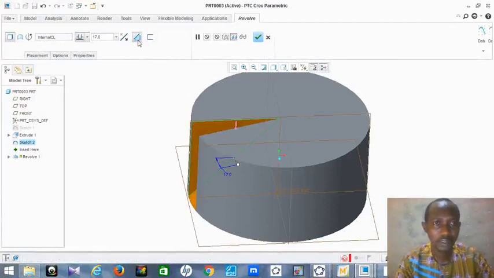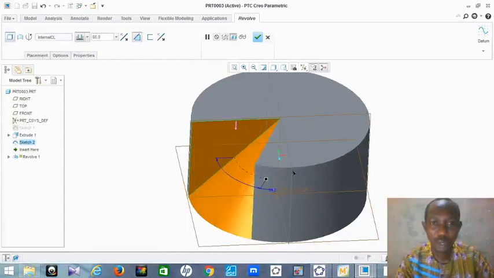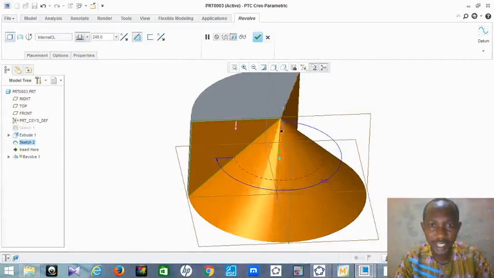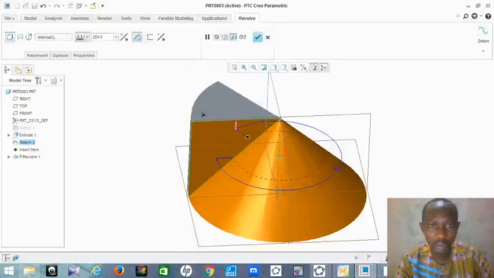Okay, so this is what I'm saying. So you can see my cylinder. What I'm doing now, I'm removing 1/3 of the cylinder. You can see that a cone is being formed.